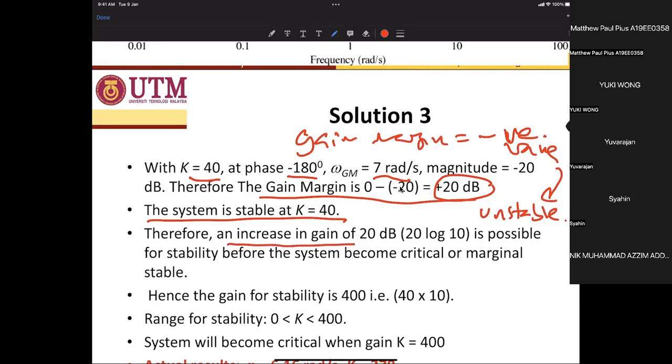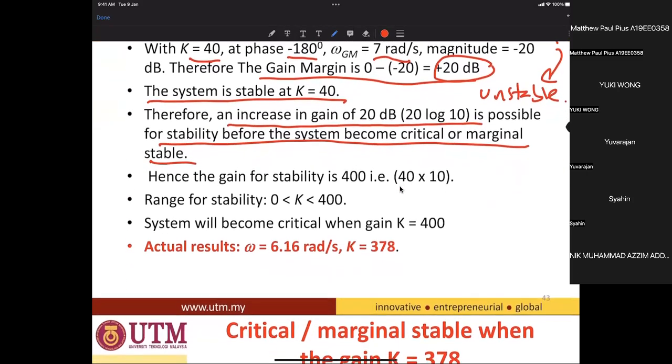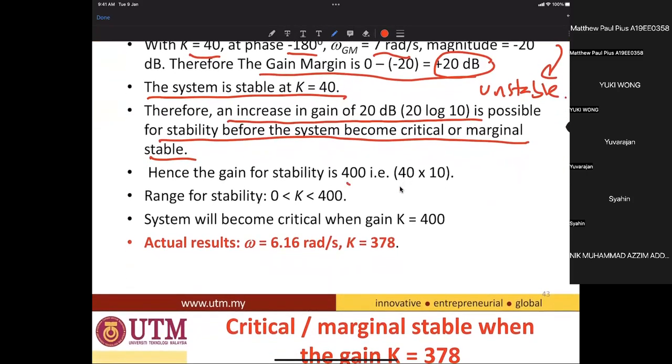Therefore, an increase of gain of 20 decibels or 20 log 10 is possible for stability before the system becomes critical or marginally stable. Hence, the gain for stability is 400, which is 40 multiplied by 10. So the range is between 0 to 400. The system will become critical when gain is equal to 400.